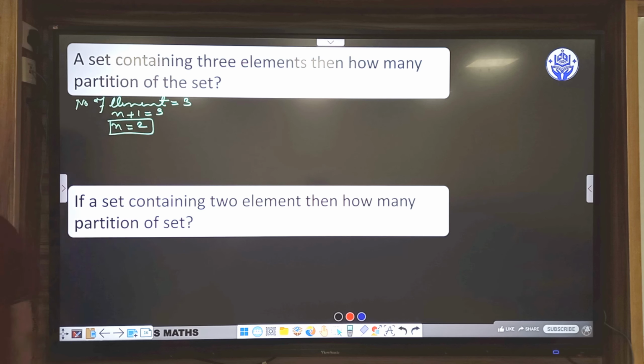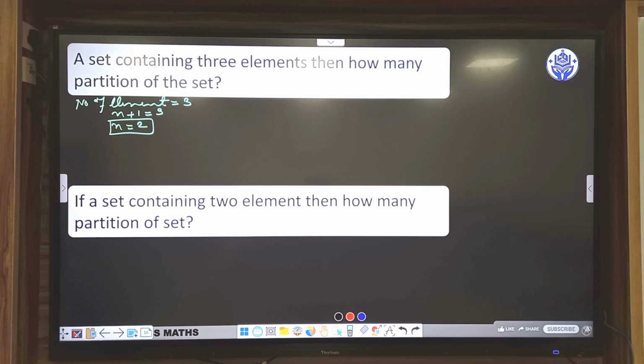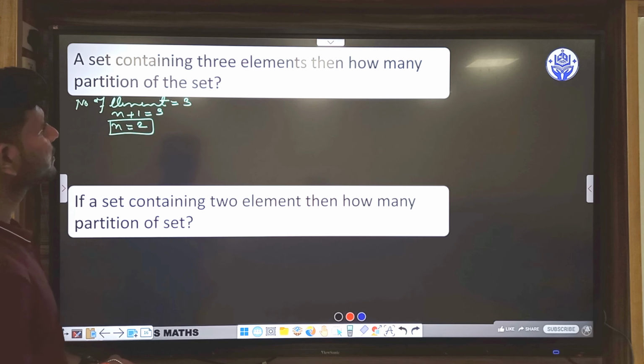If n equals 2, how can we find the value?